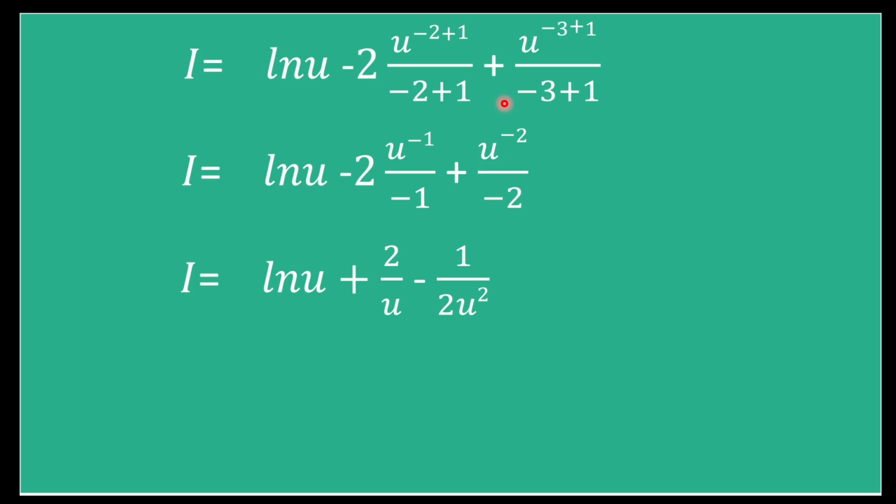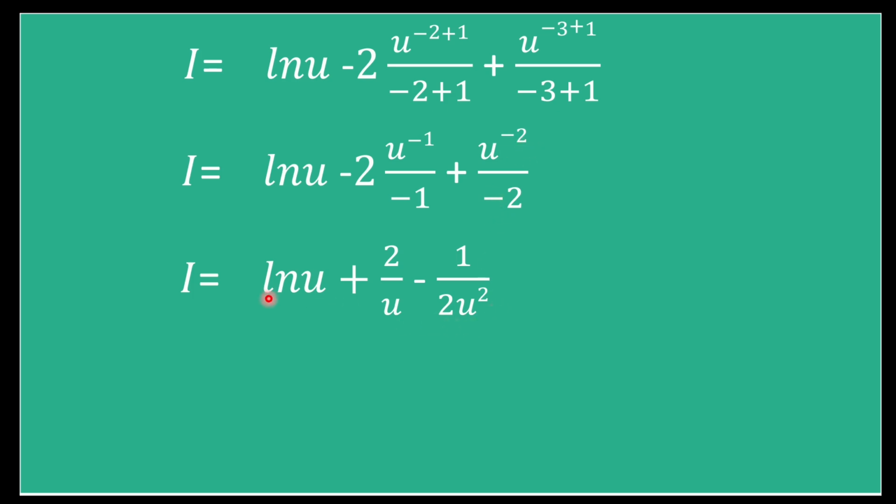And similarly, we can write this whole term as minus, because minus and plus multiplied will become minus, and we can write it as 1 divided by 2u squared, because when we send it to the denominator, the minus power will become plus.